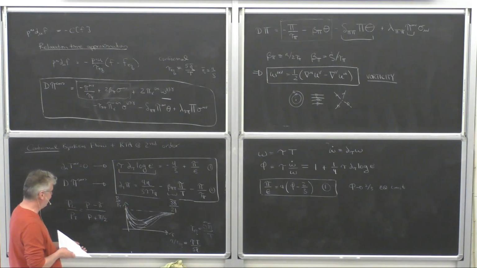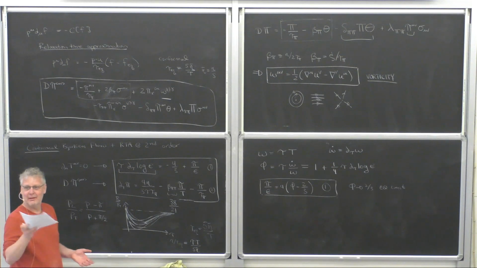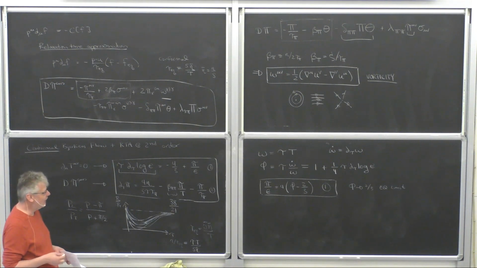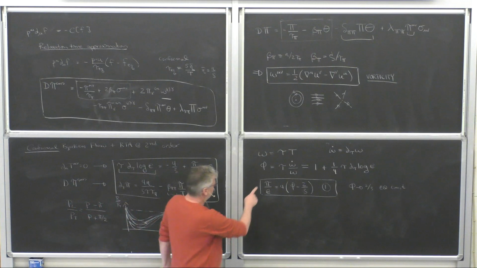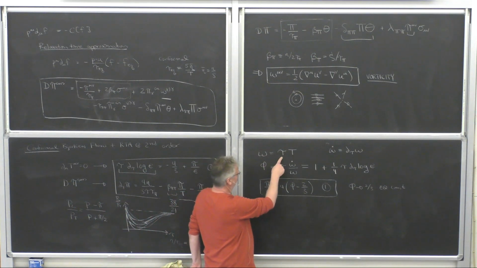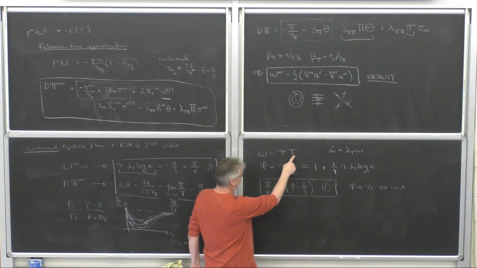Now, I leave it as an exercise. You take a derivative here with respect to tau, that just becomes a T, which you can write as the energy density to the power 1/4.